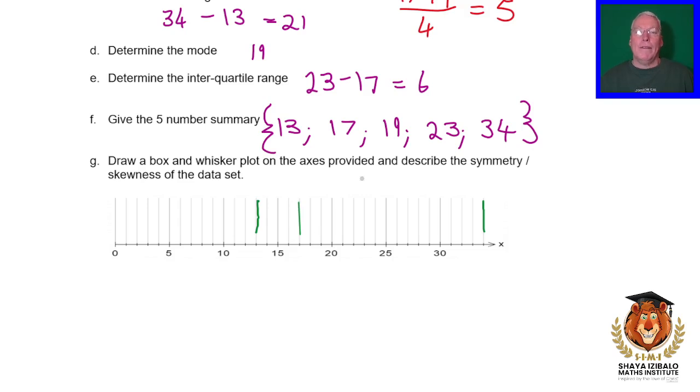And our box ends at 23. So that's going to be over there. All right, and our median is at 19, which is going to be over there.